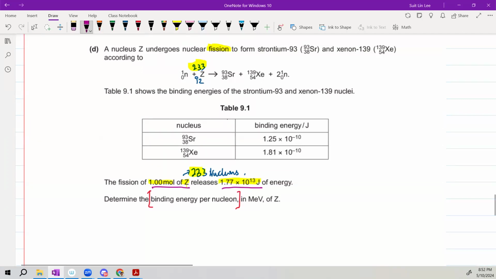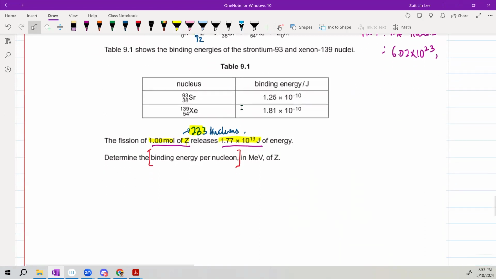So in case you don't know, 1 mole is the Avogadro constant number of nuclei, which is 6.02 times 10 to the power of 23. Because instead of using this number, we just treat it as 1 mole.